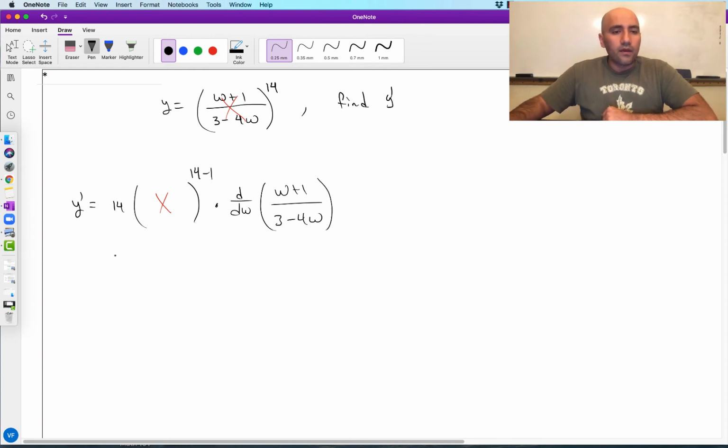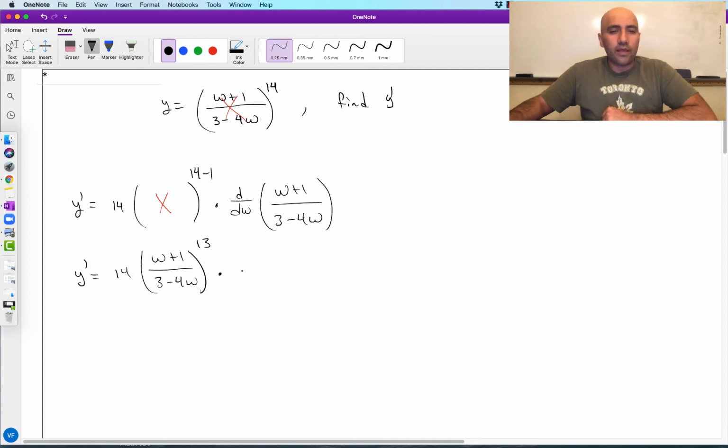Okay. So let's simplify this a little bit. This is y prime is equal to 14 times, now the x is that complicated thing right there, so it'll be (w plus 1) divided by (3 minus 4w), to the power of 13 times, and now this is a little quotient rule. Okay, so let's do the quotient rule just on this.